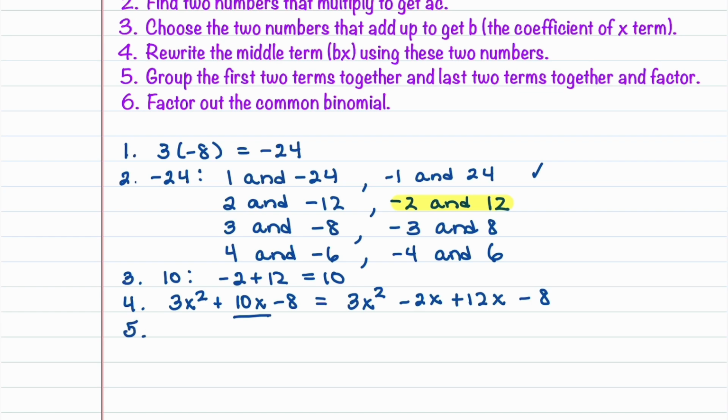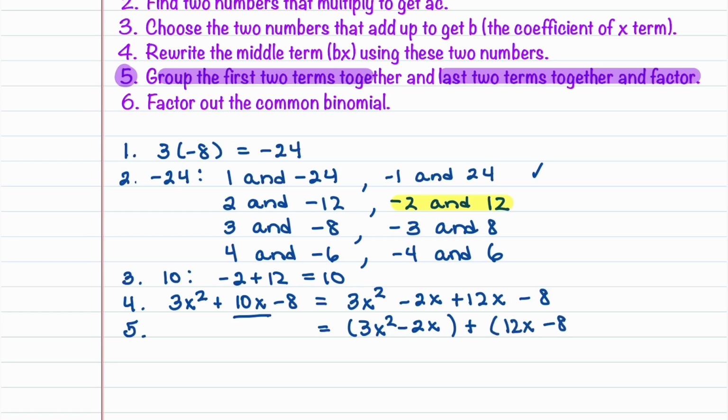Now let's go ahead and go to step 5. I want to go up here and highlight step 5 so we can read that. We want to group the first two terms together and the last two terms together and factor. So let's go ahead and do that. This is going to be 3x squared minus 2x plus 12x minus 8.